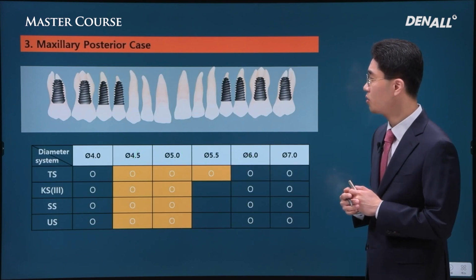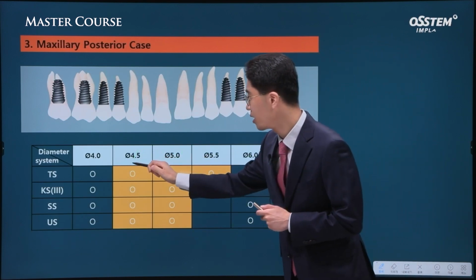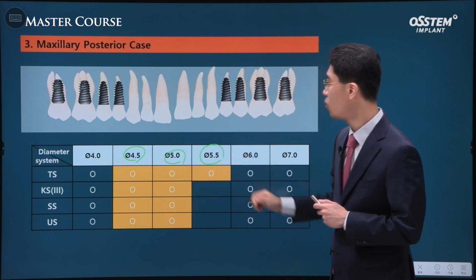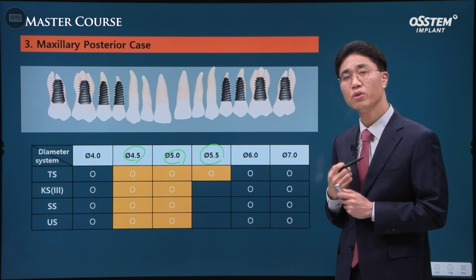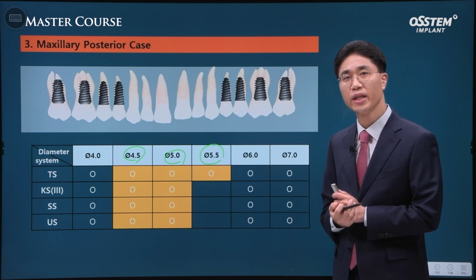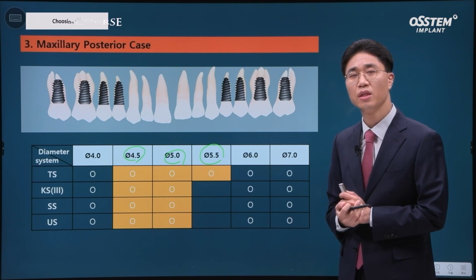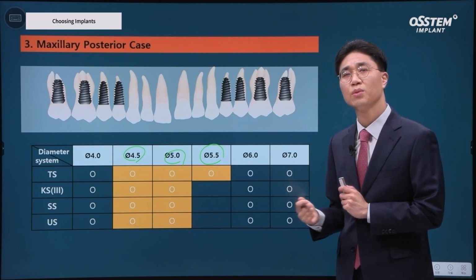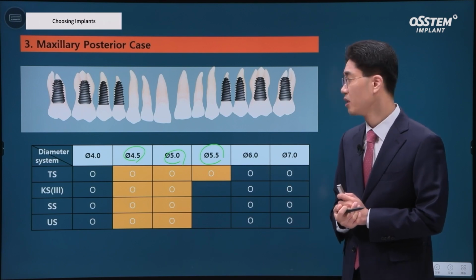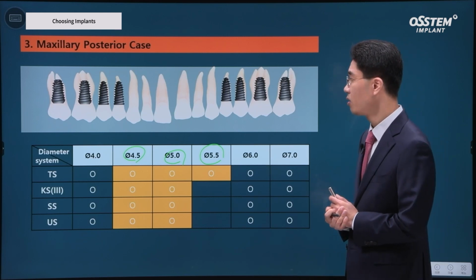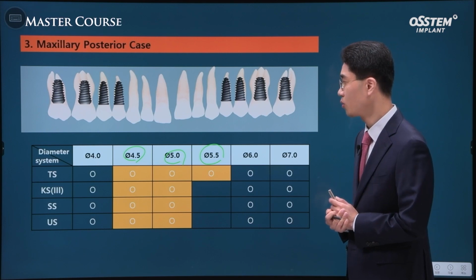In the case of upper posterior, let's look at the different diameters. 4.5, 5.0, and 5.5 millimeter implants can be placed. When I place an implant in the upper posterior area, especially the molar area, I often use diameter 5.0 or 5.5. There can be differences depending on the surgeon, but you need to just take note of it as reference.